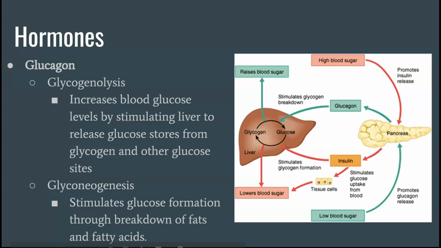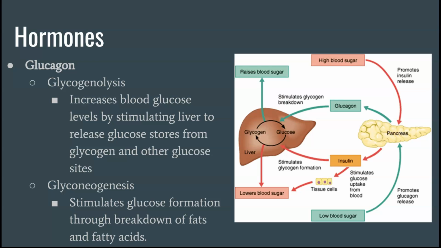So glucagon does a number of different things in the body. First of all, it promotes glycogenolysis, which is a stimulation of the liver to release its glycogen stores, right? We just talked about how insulin takes that glucose and puts it into the liver and other body cells for storage. Glucagon promotes this breakdown back the other way, right?